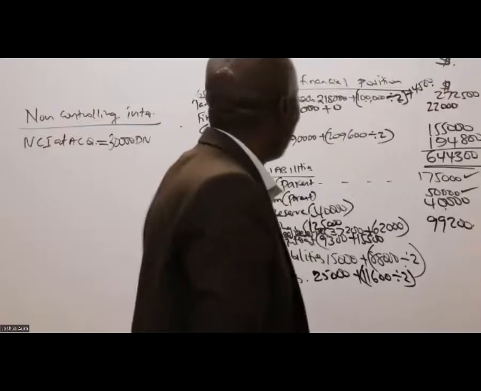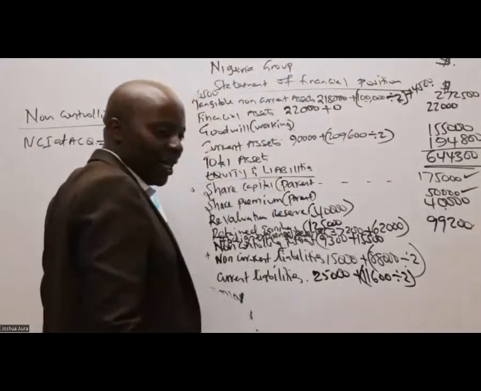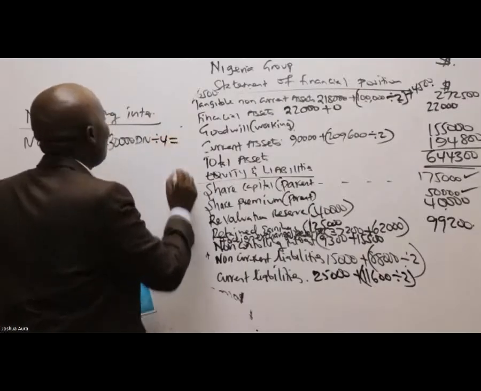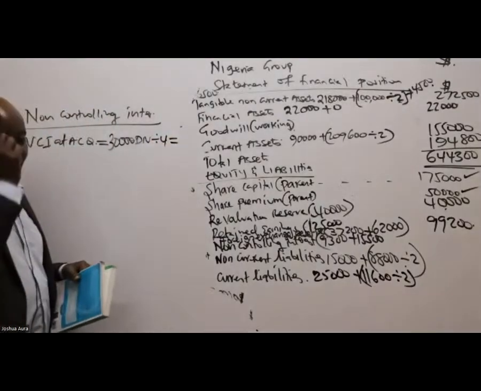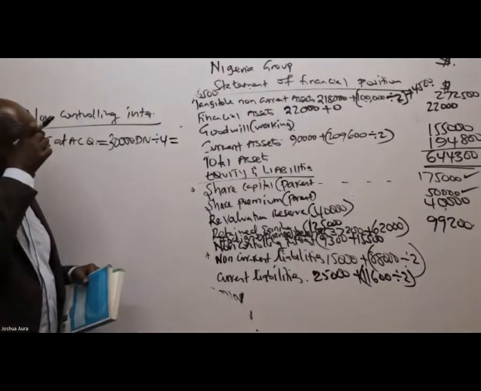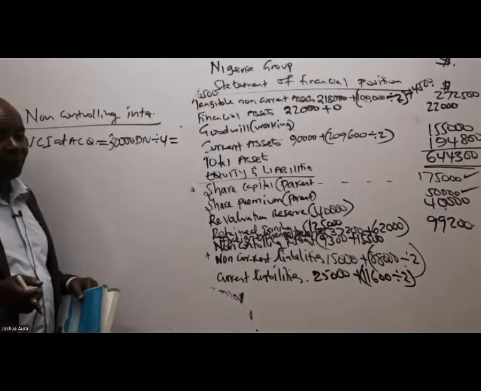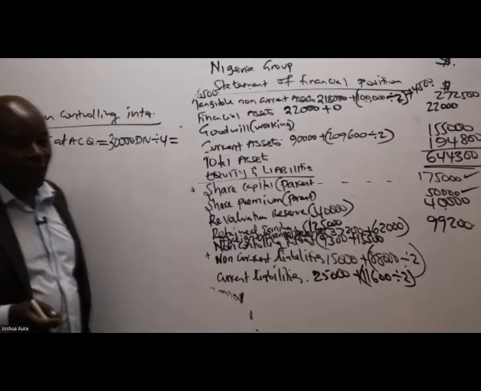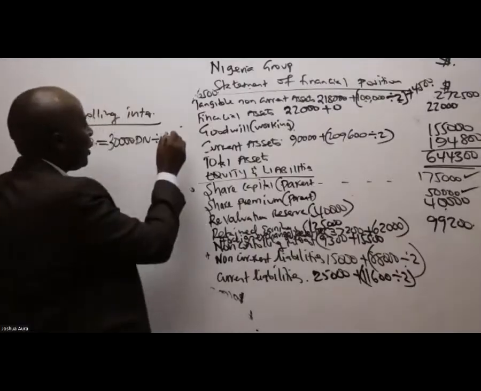Because you can see here we are saying NCI at acquisition, at 4. So divide this with 4. Could you kindly give me this figure? Yes, 7,500. Thank you very much.